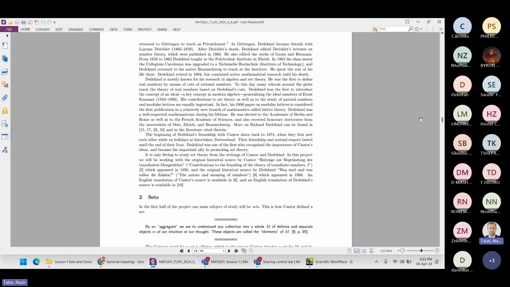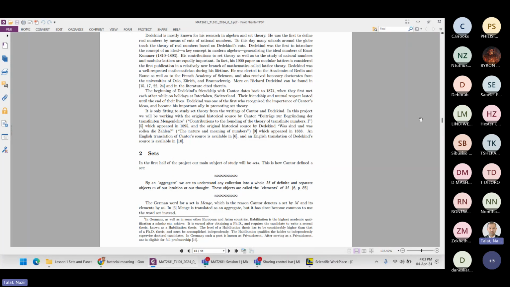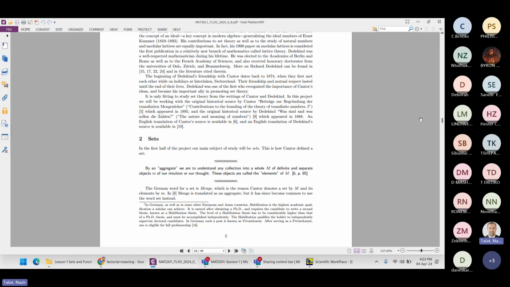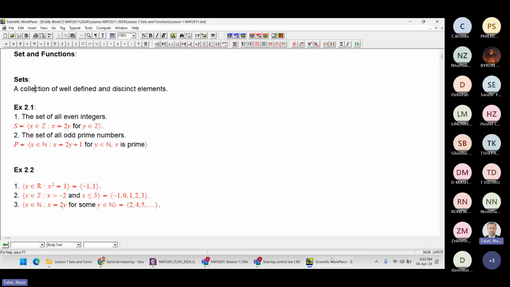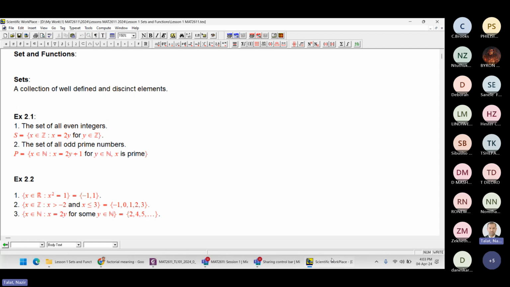Basically, a set is a collection of well-defined and distinct elements. For instance, we have a set A which contains certain elements; we can make a finite set with elements one, two, three. So this is an example of a set.